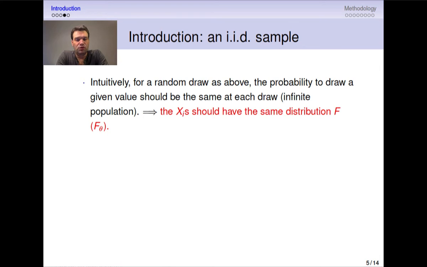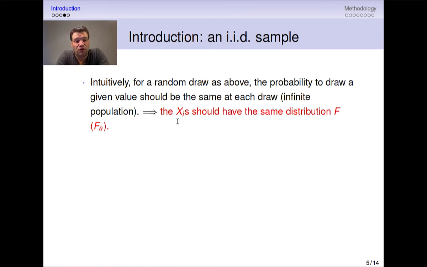This is a discrete distribution, but in general, for an ideal, representative sample, we are going to make the assumption that the distribution of the random variable is the same at each row. The distribution of Xi is the same whatever i is. At each row, you have the same distribution for the random variable.